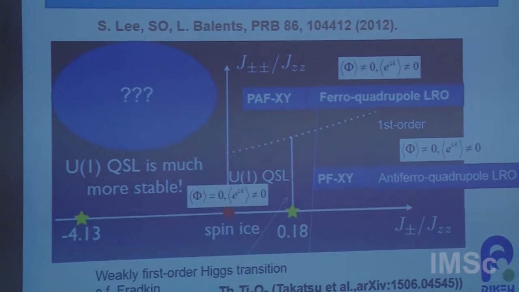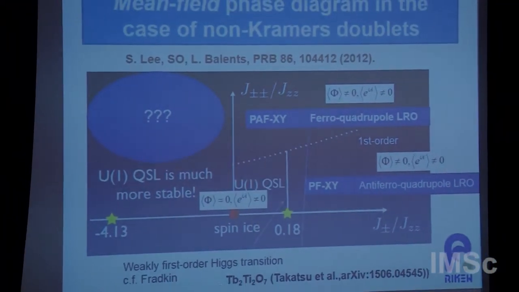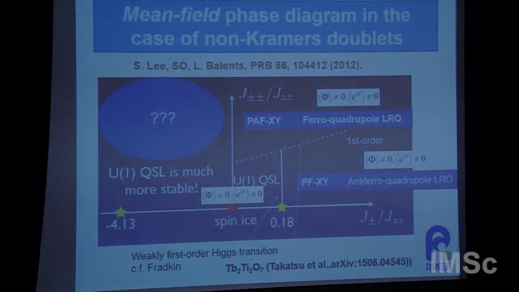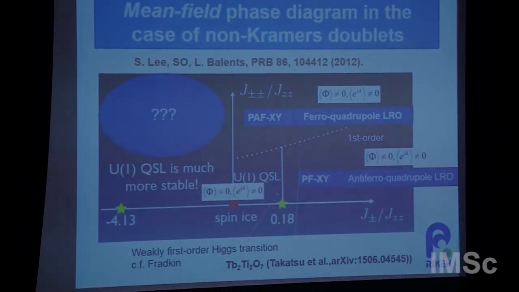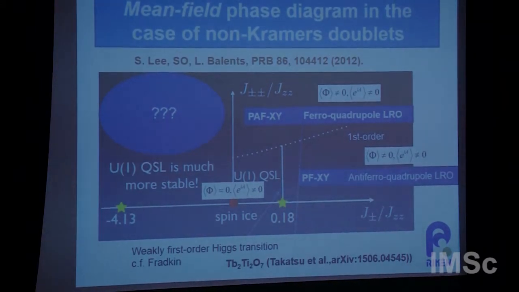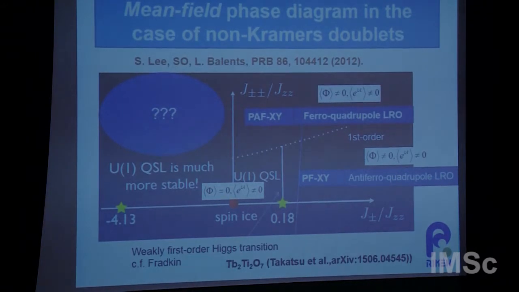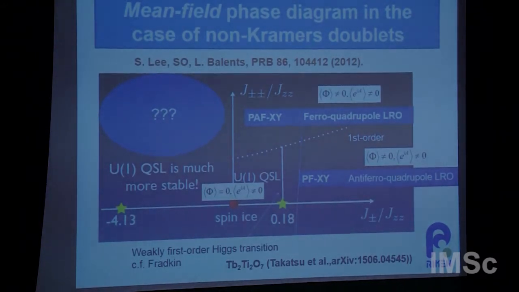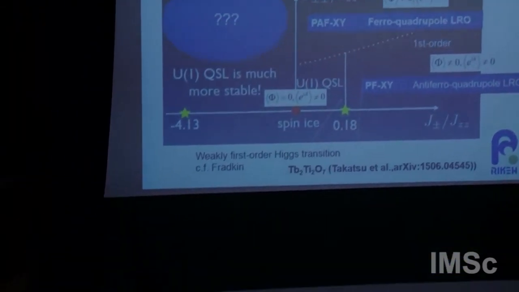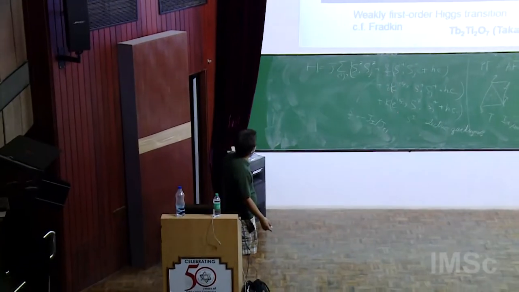And I will try to introduce some experimental results from a Japanese group on terbium titanate, where some samples of this material are located around here, in a ferroquadrupole state. It is just an analysis of the experimental data, trying to capture the experimental features by fitting, by optimizing these coupling constants.